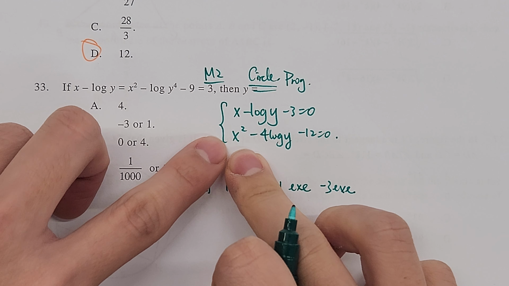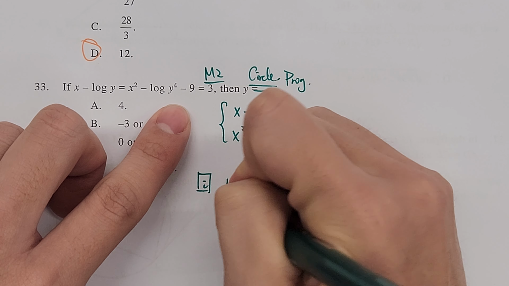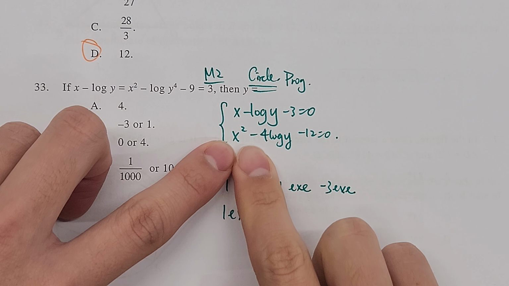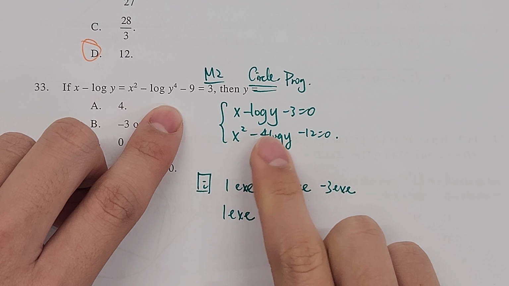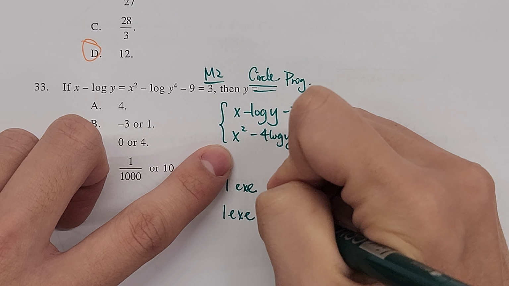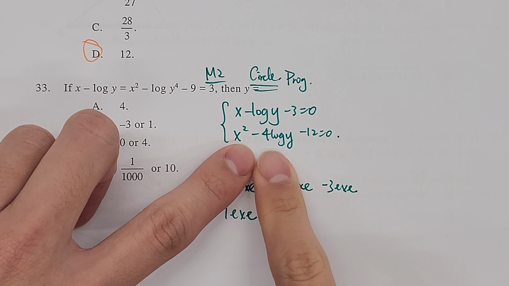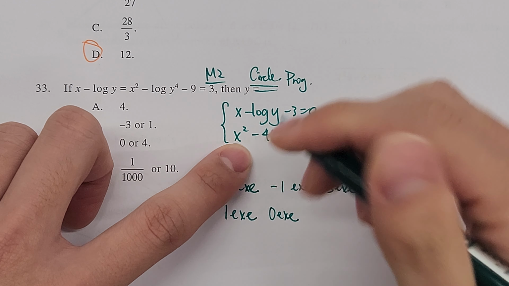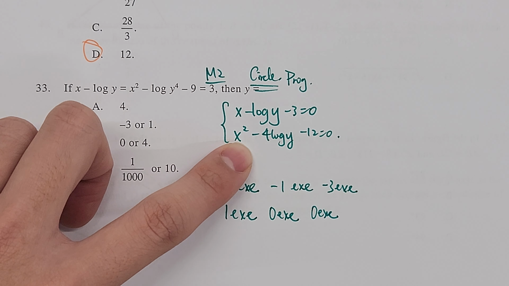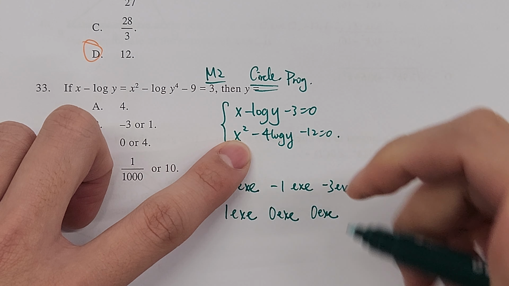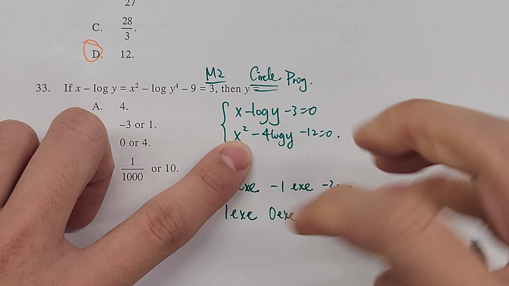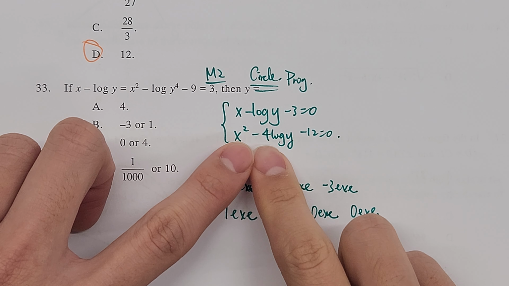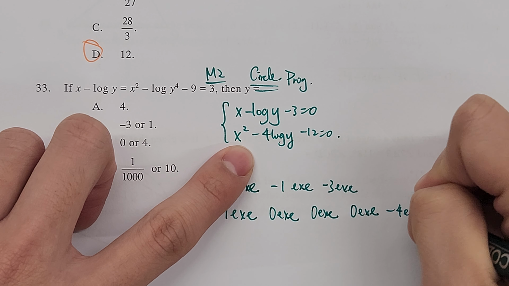The second one: how many x squared? 1 x squared. How many xy? Today you don't have x and log y terms together, so 0, exe. Is there any (log y) squared? No, so again 0, exe. Any x term? 0. How many log y terms? Negative 4. Constant?